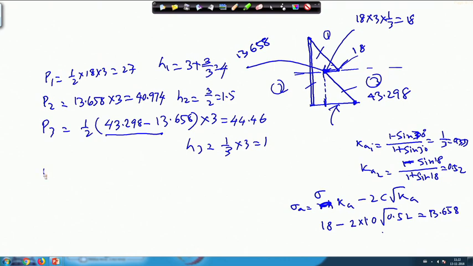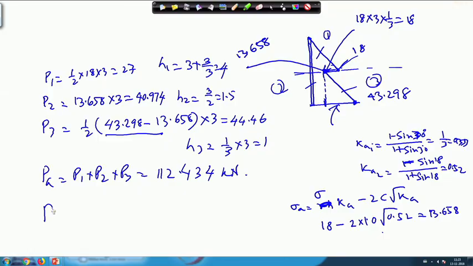So, now your PA will be equal to P1 plus P2 plus P3. So, if you do this, it will become 112.434 kilonewton. So, now if I consider that the resultant is acting at a height y bar from the base, it will be PA multiplied by y bar equal to P1 multiplied by H1 plus P2 multiplied by H2 plus P3 multiplied by H3. All of P1, P2, P3, H1, H2, H3 values are there.